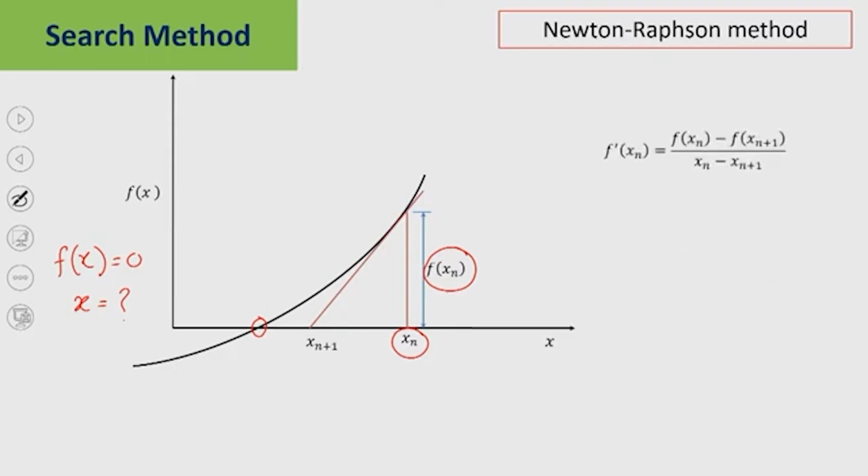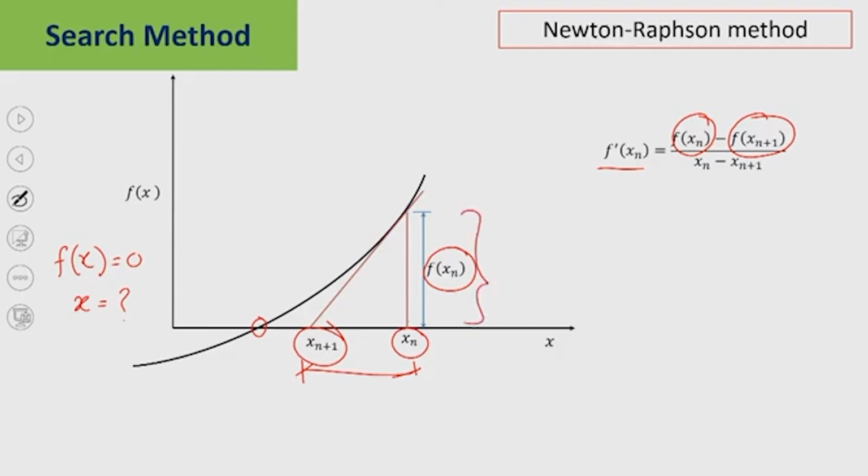I can calculate the gradient, that is the first derivative, which is f of x n minus f of x n plus 1, divided by this distance. The tangent is touching the x axis at x n plus 1. So, this distance is x n minus x n plus 1. From this triangle I can find the derivative.